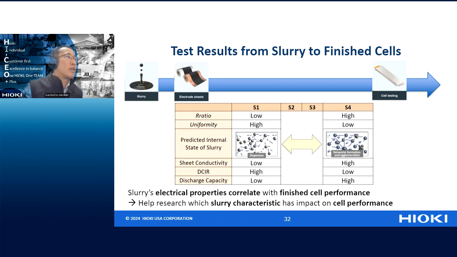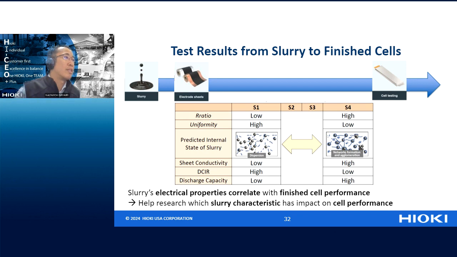So this is the summary of our experiments. From S1 to S4, the internal state, the electrical pathways, are expected to increase progressively, and slurries and electrode sheet performance are aligned with the assumption.